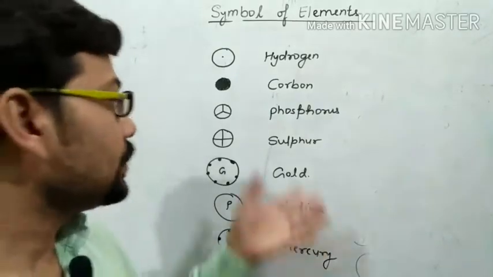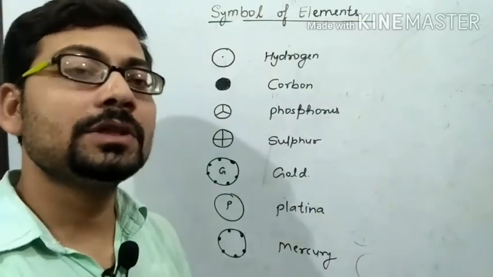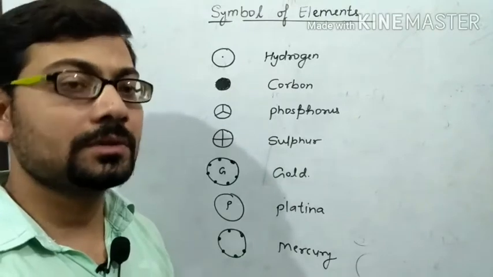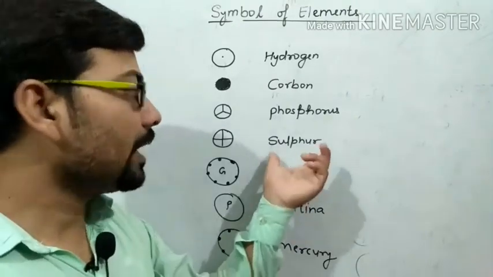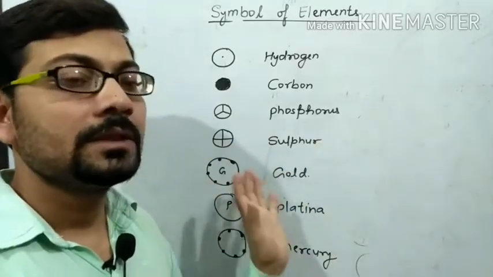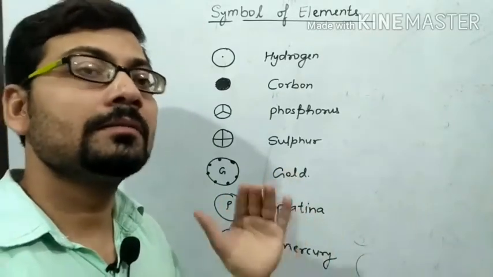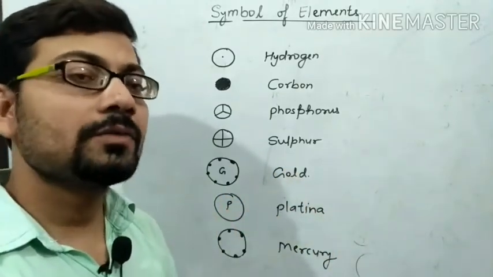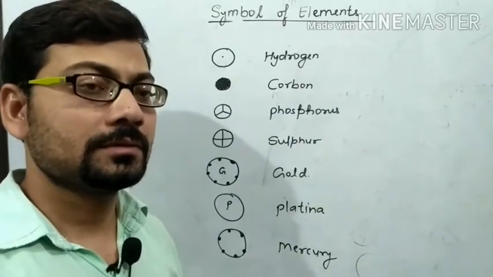But this type of symbol cannot be used. Why? Because these symbols were drawn from the mind, so they are not used.